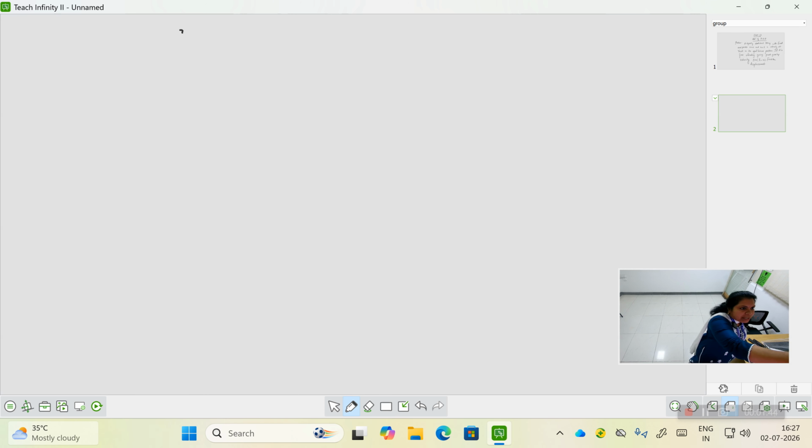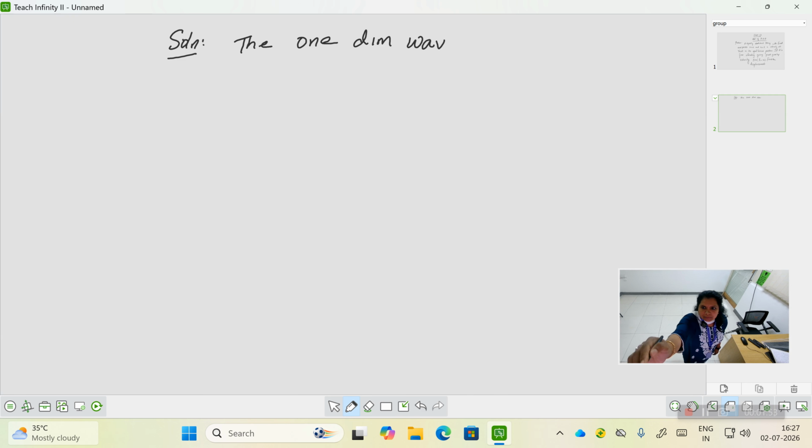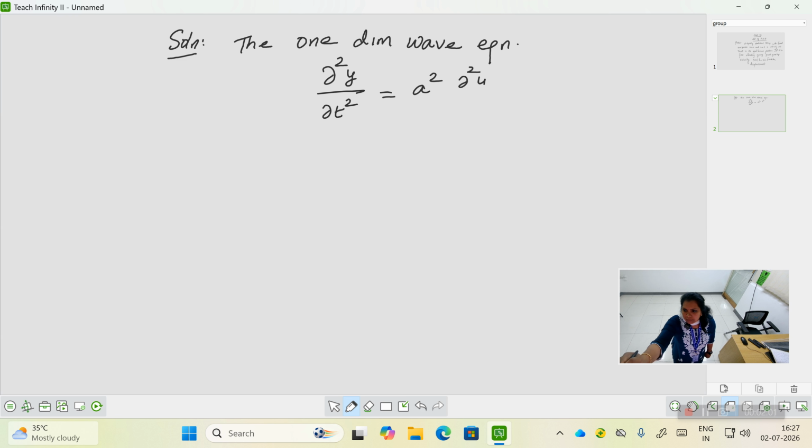So we have to identify the problem first. The problem is the one-dimensional wave equation. So what is that? Dou square y by dou t square is equal to a square dou square y by dou x square. For this, what is the solution?